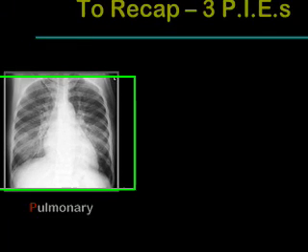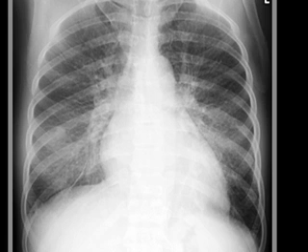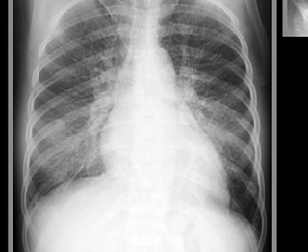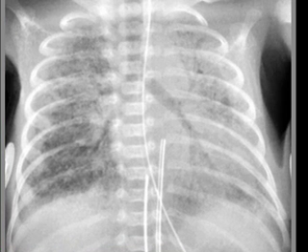To recap, 3 diseases that all share the acronym PIE, P-I-E, are pulmonary interstitial edema. Remember to look for fluid in the fissures, Kerley B lines, pleural effusions, and peribronchial cuffing. Pulmonary interstitial emphysema, which occurs in premature newborns, almost all of whom have hyaline membrane disease and who have been on a ventilator.